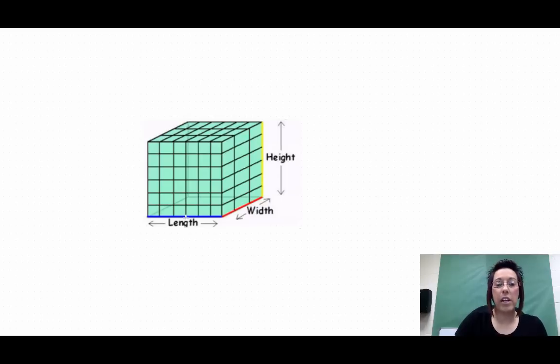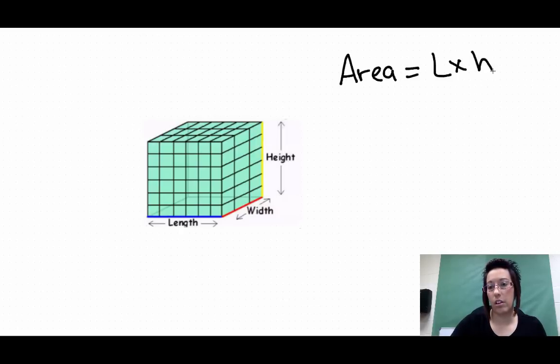So if I'm calculating area, area is length times width. It just talks about this face of the cube. Perimeter is width plus length plus width plus length.